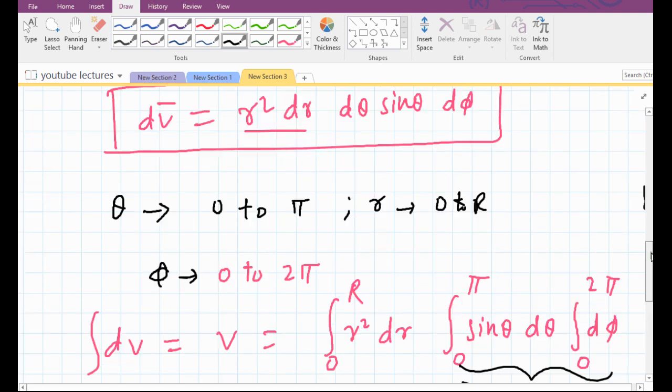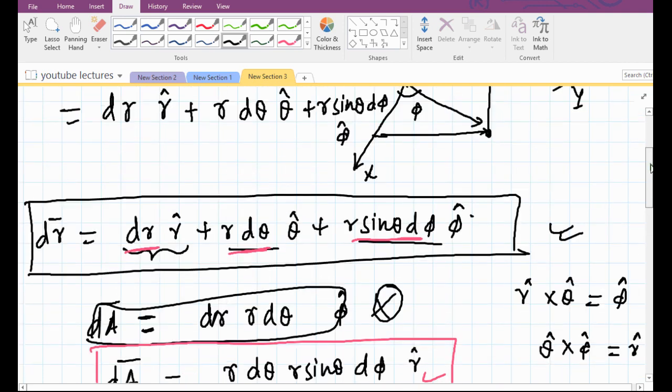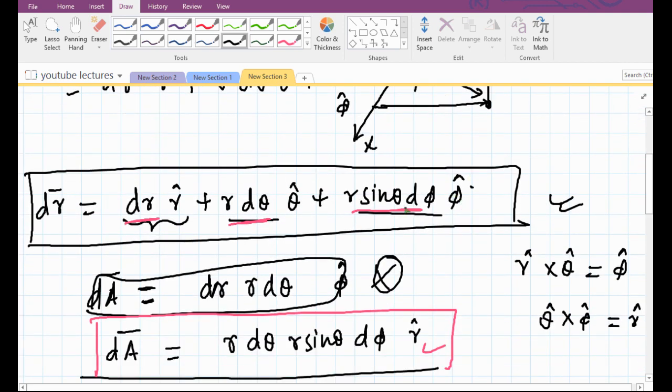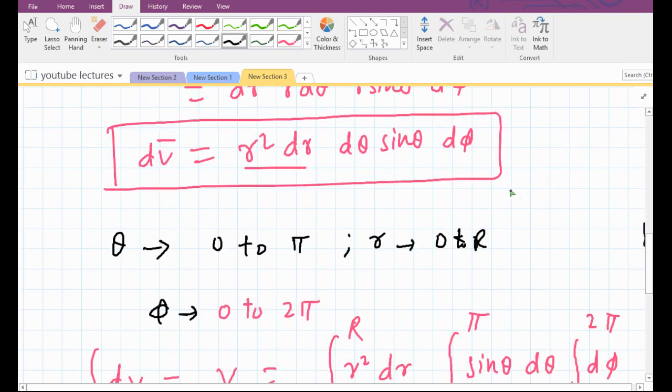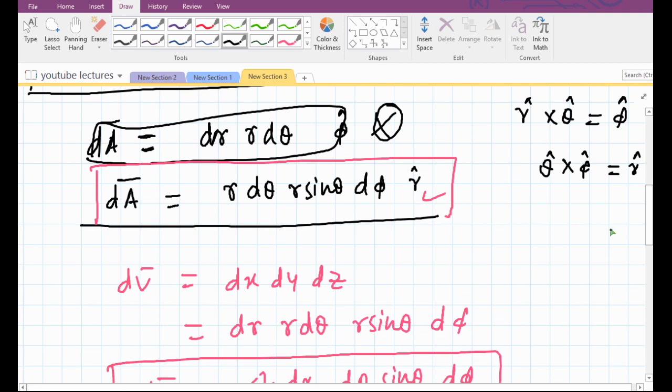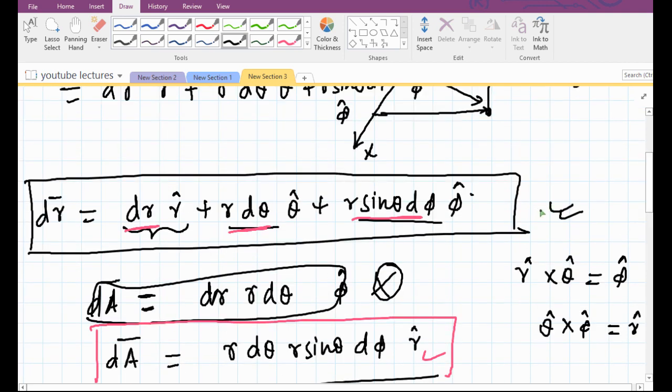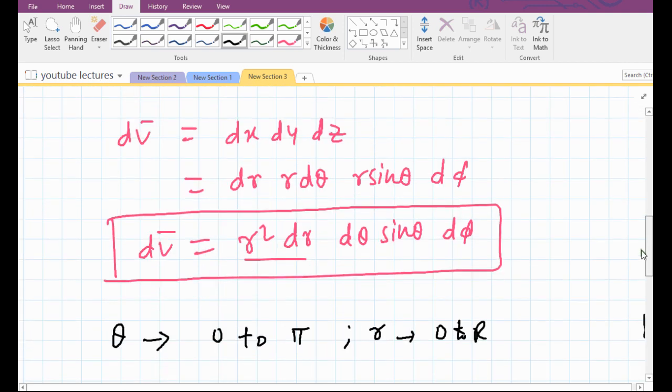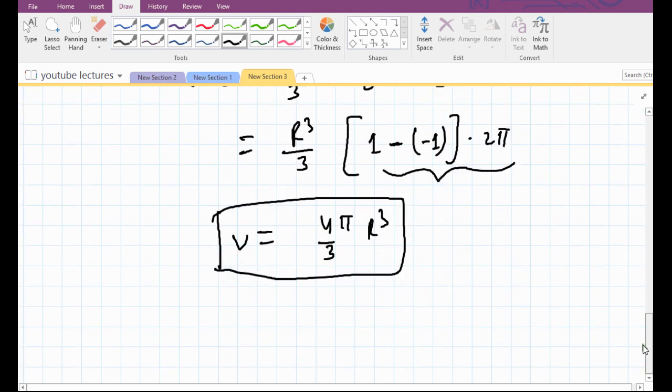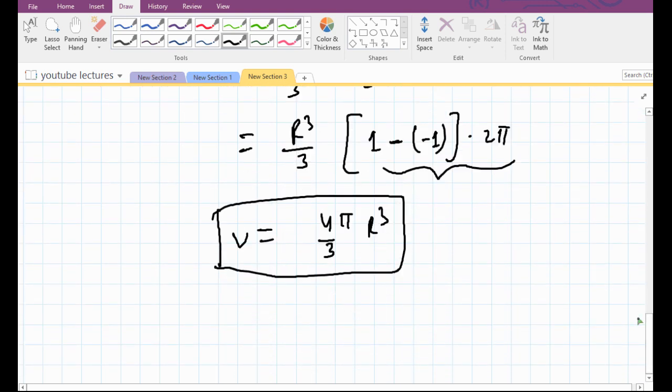But as we have defined r hat, θ hat, and φ hat, and the length element, we can easily find the volume element, the area element, and the length element.